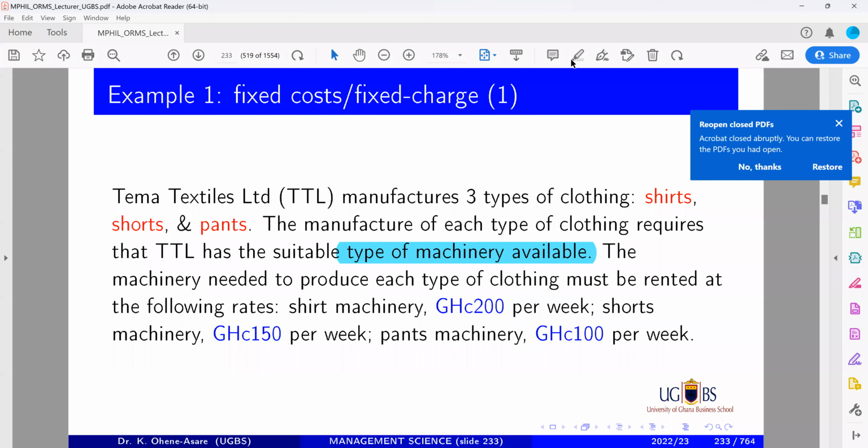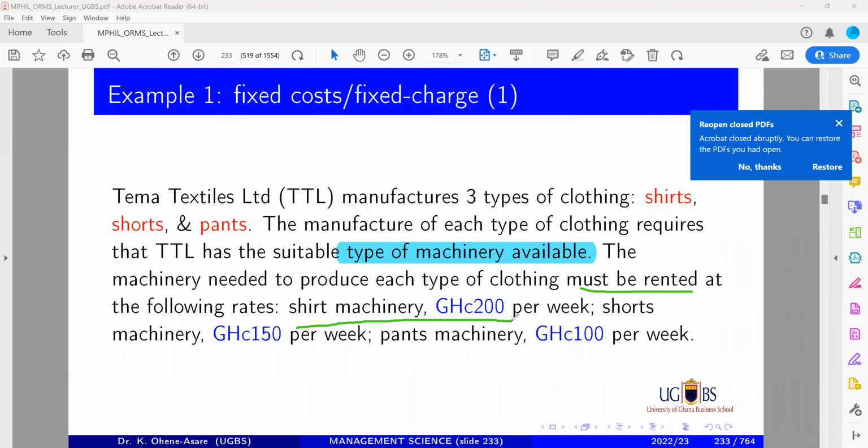Now here's the point. The machinery needed to produce each type of clothing must be rented at the following rate. So I cannot produce shirts unless I have rented a shirt machinery at 200 cedis.